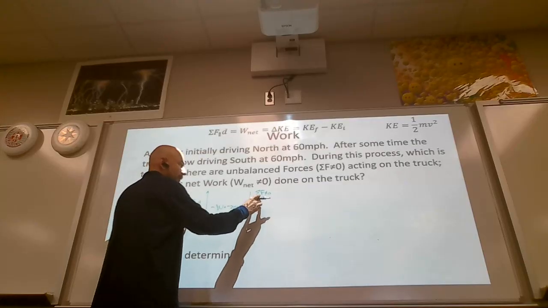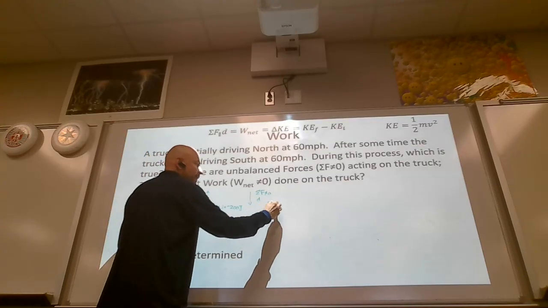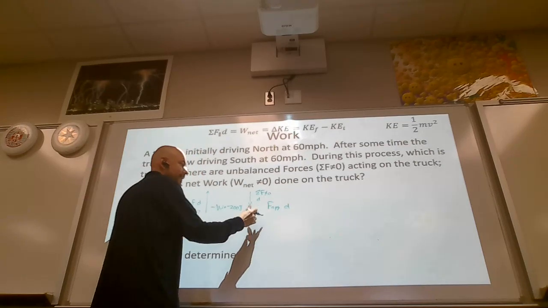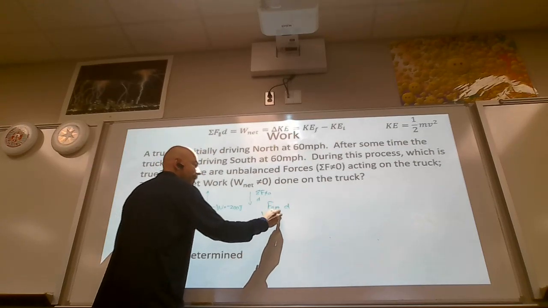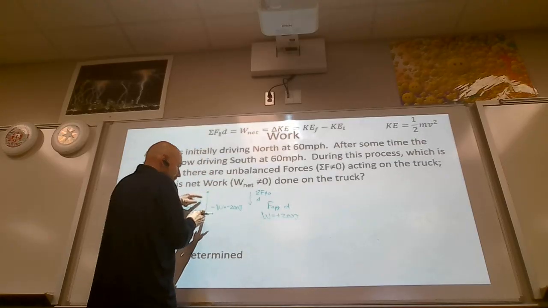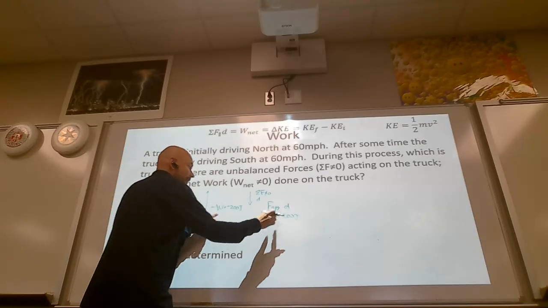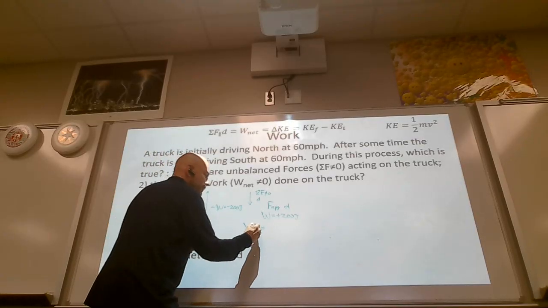You multiply these two, and then some applied force from the engine times your distance gives you a positive 200 joules of work. So when you take this whole process plus this whole process, it gives you a net work of 0.